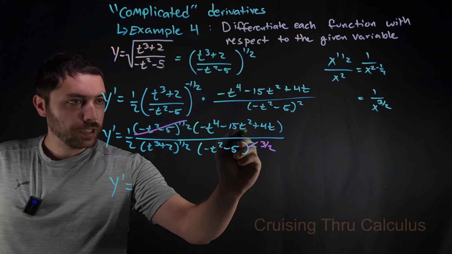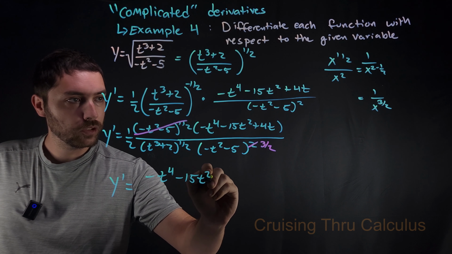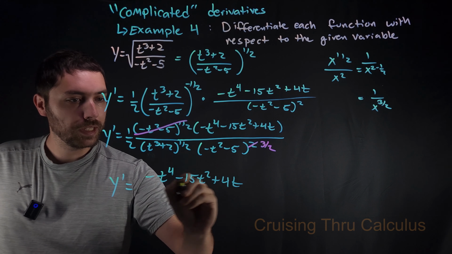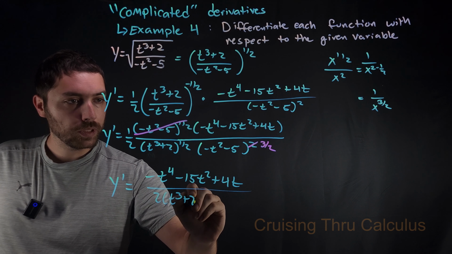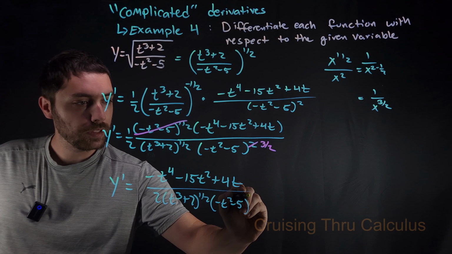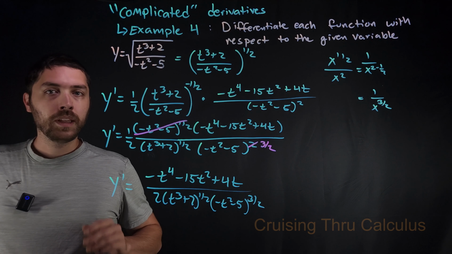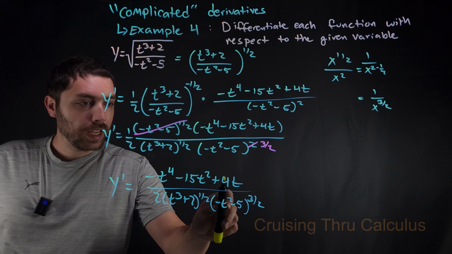All right, so let's write that out. On the top here, we're just going to have this negative t to the fourth minus 15t squared plus 4t. And in the denominator, we're going to have 2, t cubed plus 2 to the 1/2, and negative t squared minus 5, this time to the 3/2. Actually, I just noticed something. Up here in the numerator, all of these have a t.